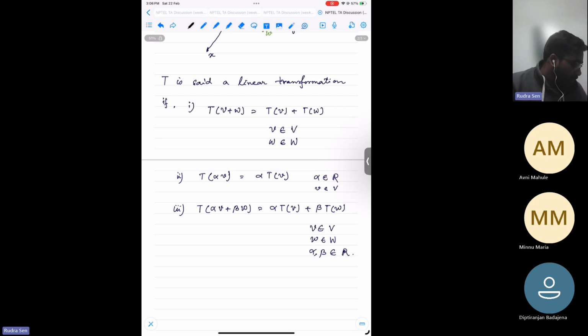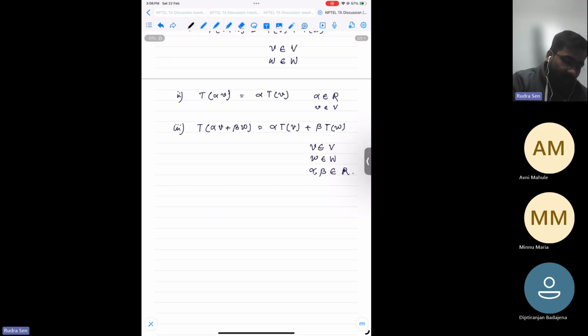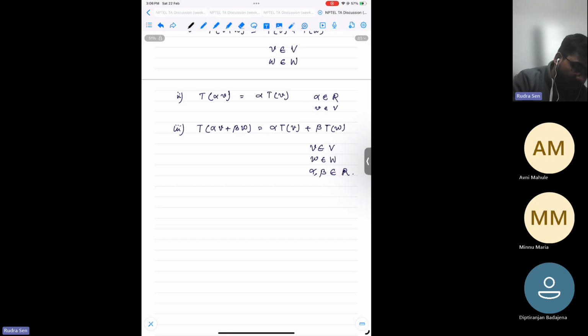Now there is a catch in this case. Let me write it properly. Let's say T is a transformation.